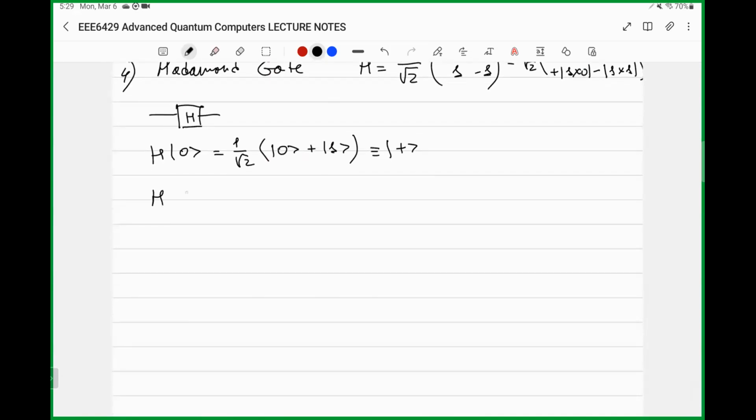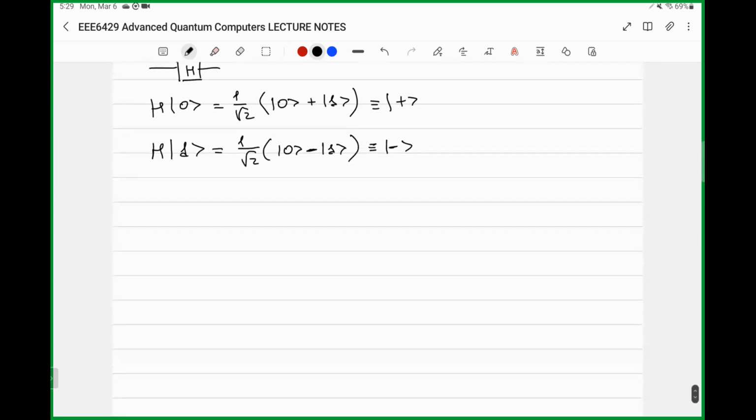And in the same way, if I apply this Hadamard gate to the state 1, it creates a similar state, but up to this minus in the parentheses. So this is state minus. And we will use this fact today.